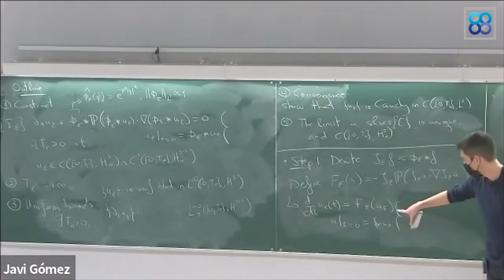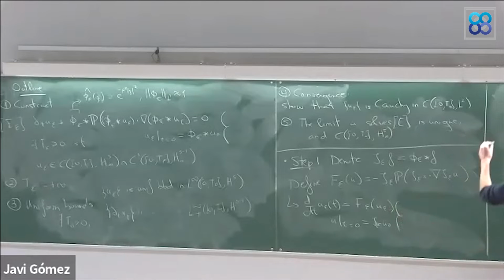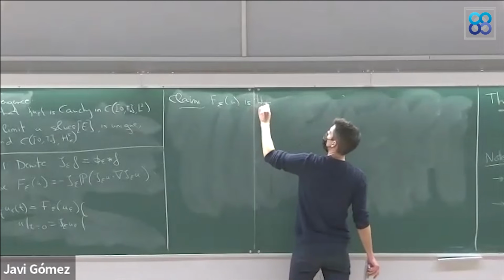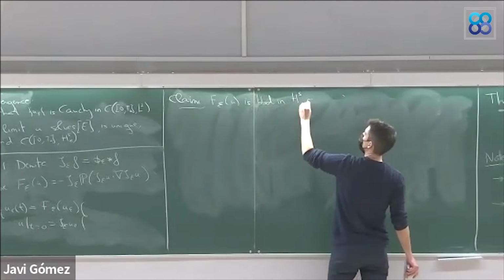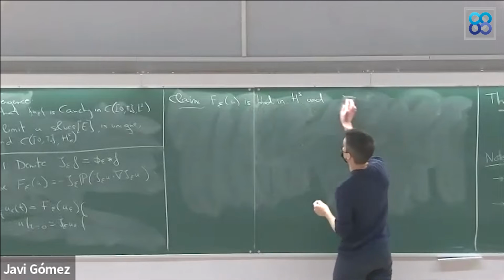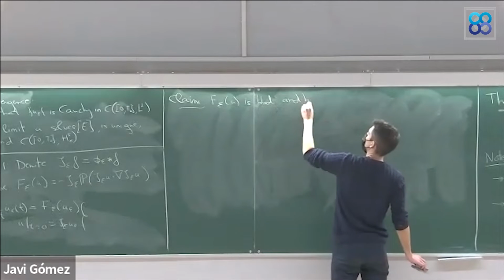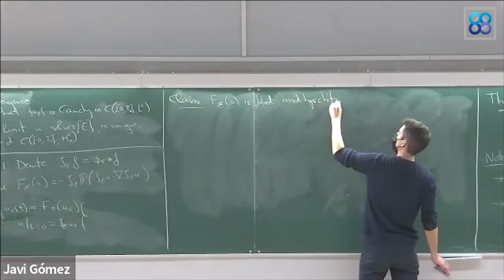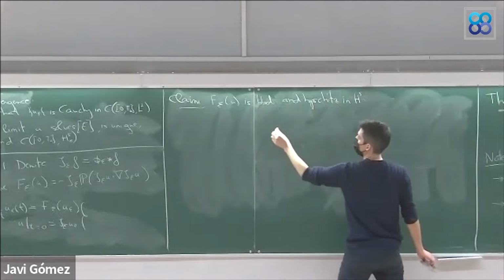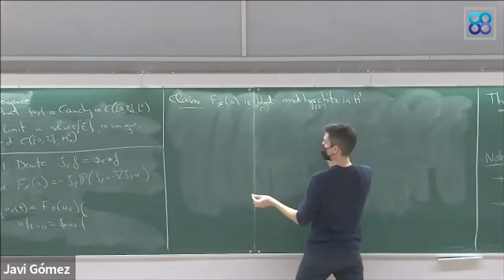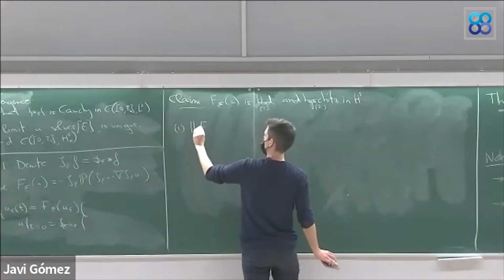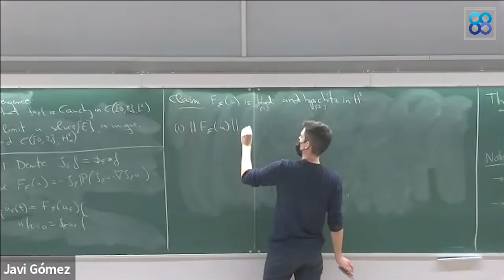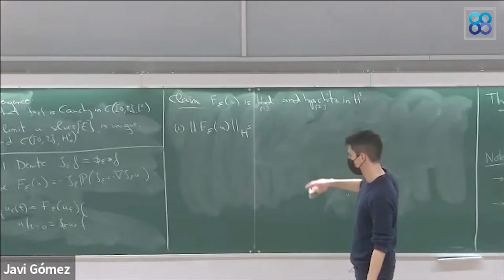Okay, so to use a fixed point theorem, in particular Banach fixed point theorem, I want to show bounds on F. I will first show that F epsilon is bounded in HS, bounded and Lipschitz. So let's perform the estimates.